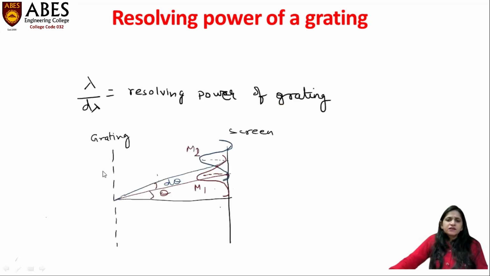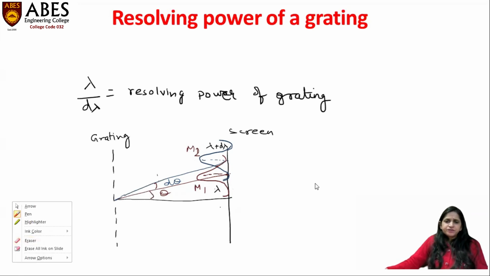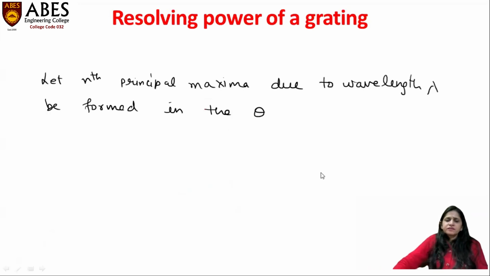As we can see here, this is lambda and this is lambda plus d lambda. So lambda is at angle theta, and lambda plus d lambda is at angle theta plus d theta.